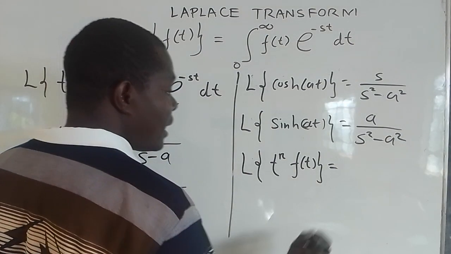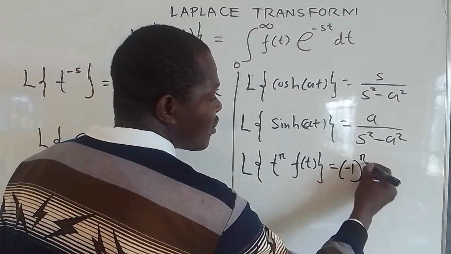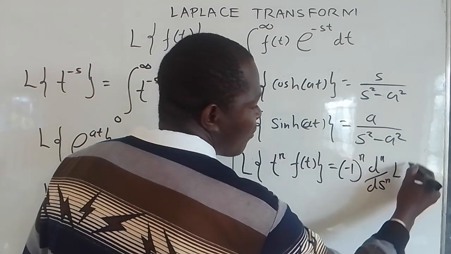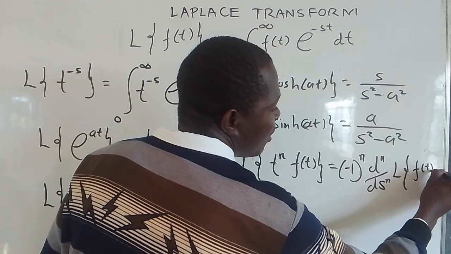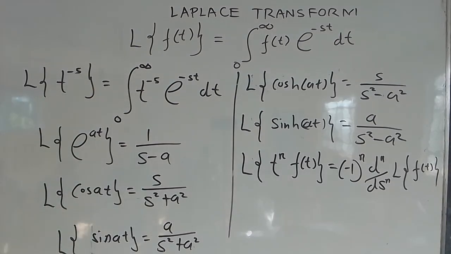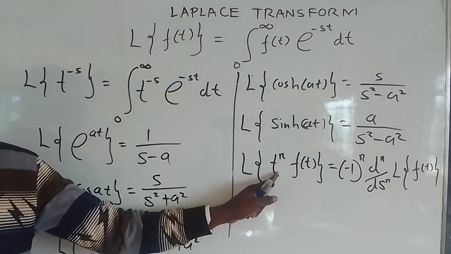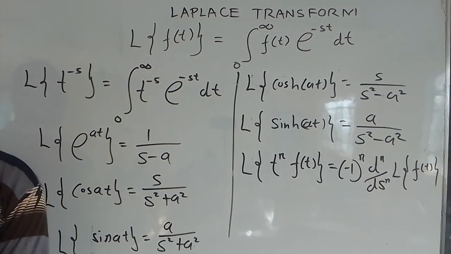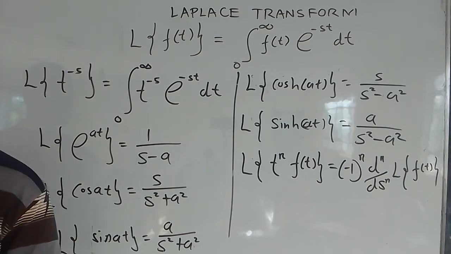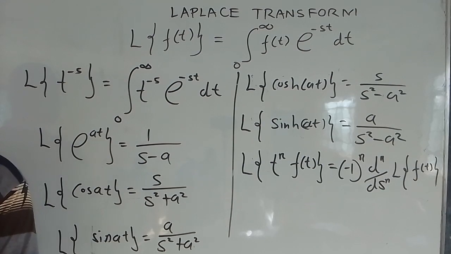That was given by negative 1 raised to power n, d^n over ds^n of the Laplace transform of f of t, isn't it? So that is how to get it if you have a product of t^n and a function f of t, isn't it? The f of t can be exponentials, anything. It can be cosine function, it can be sine, it can be anything, isn't it?